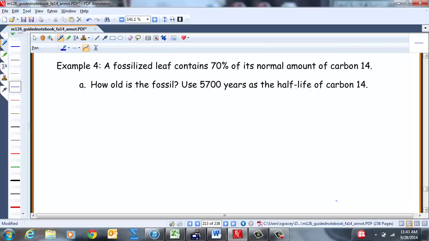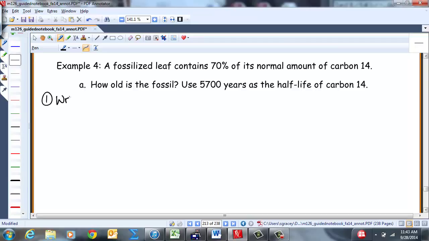Notice that we don't know what the initial amount is, but we do know the half-life of carbon-14. So this one is a little weird, but you can do it. So here we go.